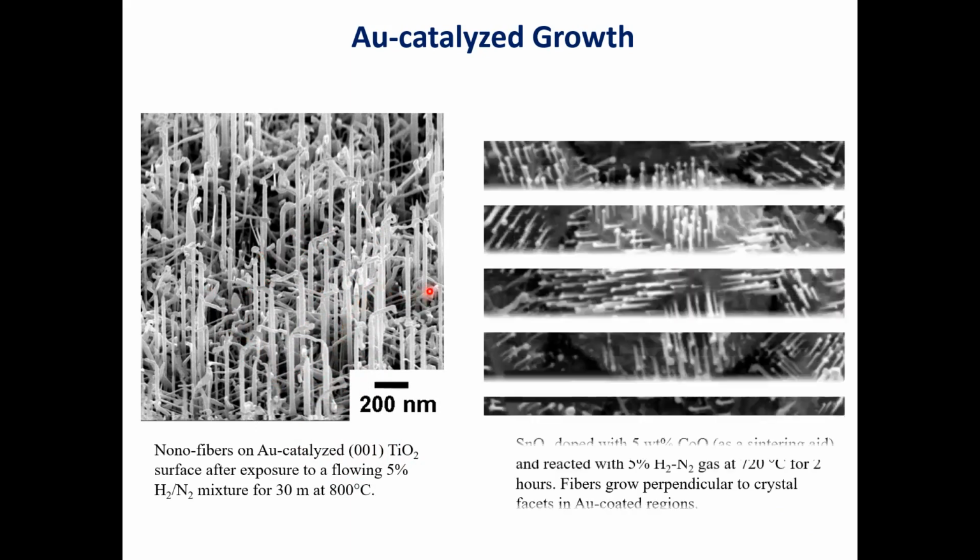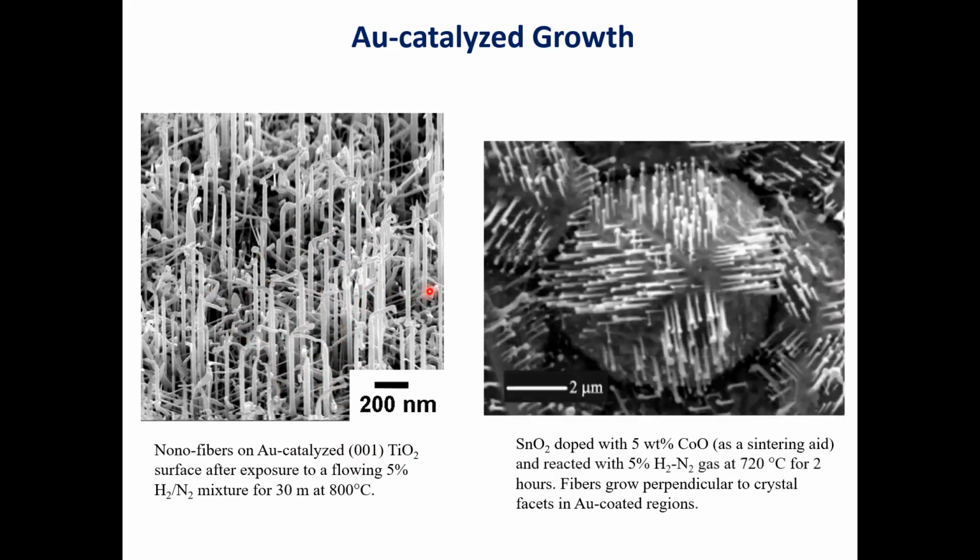We can do the same thing in tin dioxide. So this is polycrystalline tin dioxide. In this case, you can probably recognize one grain here, another neighboring grain there, and so on. So we start with well-sintered polycrystalline tin dioxide, and we first put a layer of sputtered gold thin film, and then we do the hydrogen-nitrogen treatment around 720 degrees Celsius.